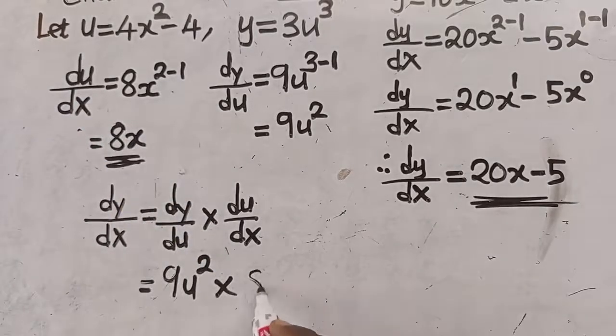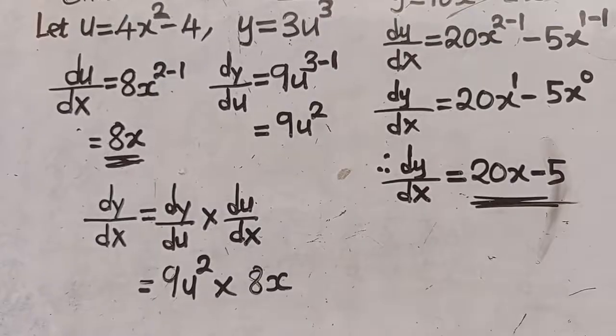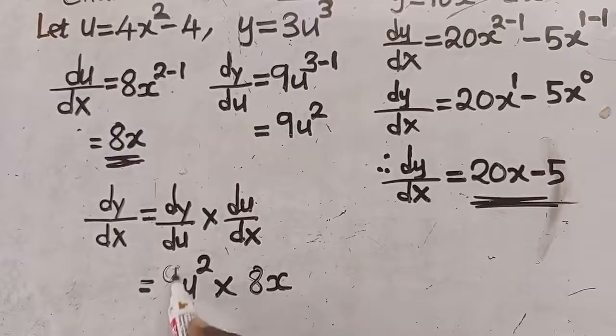So I say times what? 8x, like this. Here now I multiply, these numbers will multiply. What is 9 times 8? You go that far now. So you ask yourself, if you get to multiply 9 times 8, you are going to get what? You are going to get 70 what? 72. You are going to get 72.